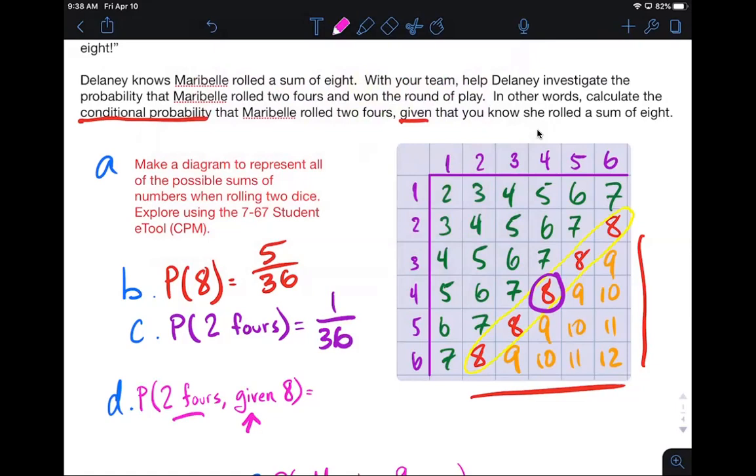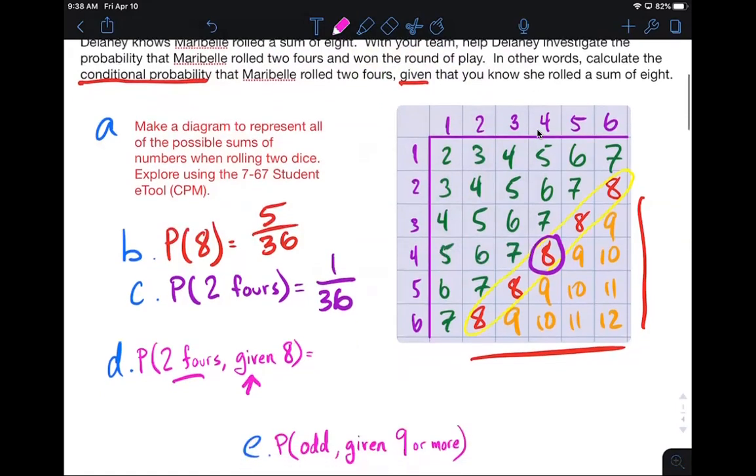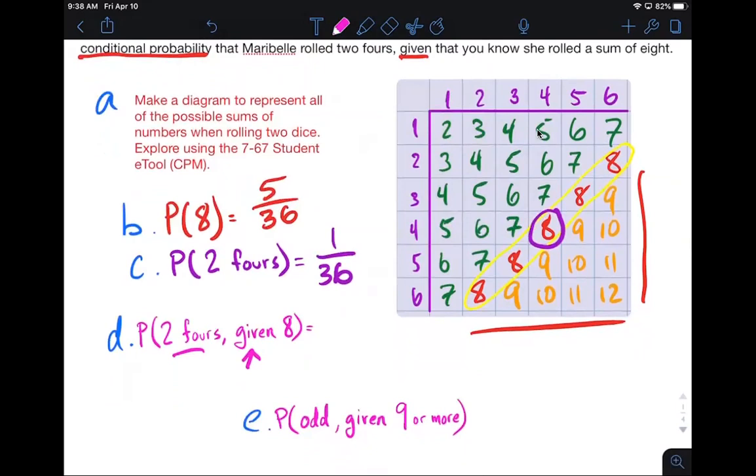Anytime you're asked a conditional probability question, you'll see that word given as part of the question, all right? So what's the probability that she rolled 2 4s given that she rolled an 8? And so the condition in the conditional probability question here is that she rolled an 8.